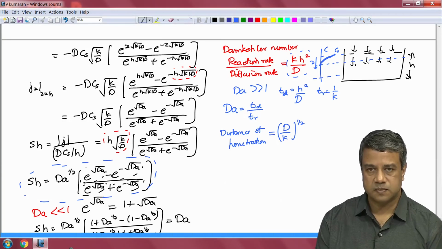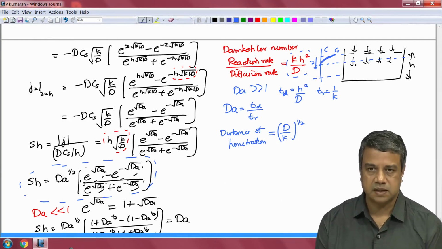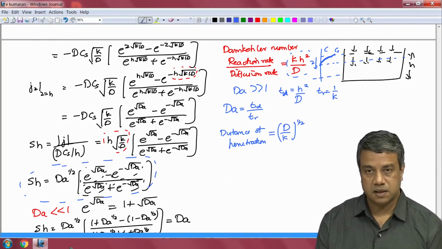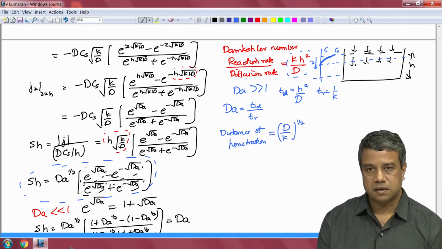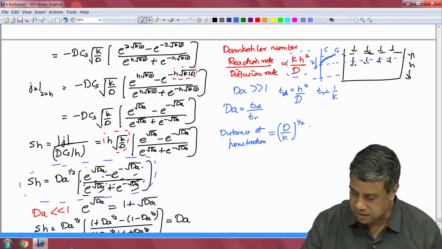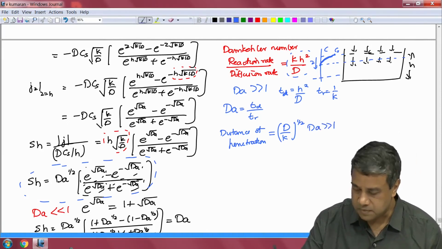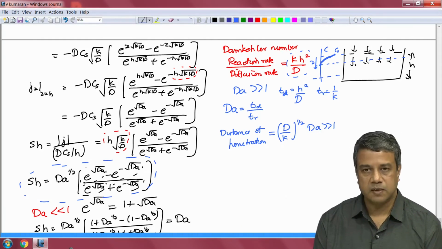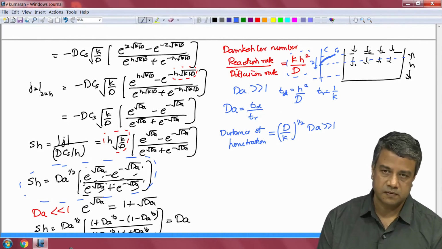So, in the limit of large Damkohler number, it diffuses only to a very small distance of thickness D by k to the half, because the reaction rate is much faster than the diffusion rate.